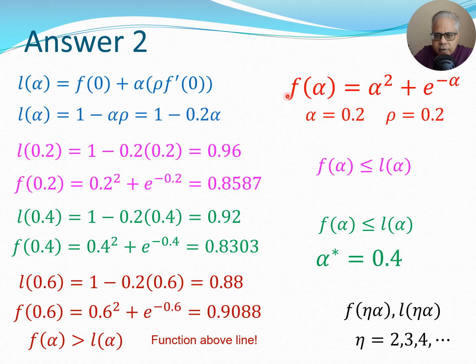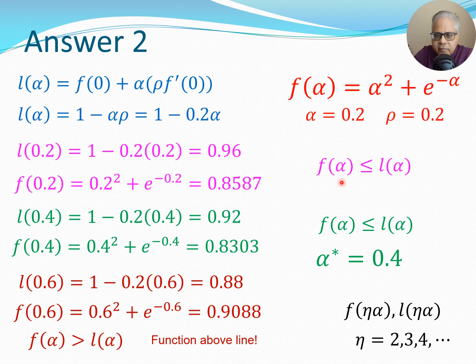So what we do here is take the value of the line. Again, remember the line was in this form. So I can write the line as 1 minus 0.2 into alpha. And then I take alpha 0.2 and find the line and the function value for this point. So here I get 0.96 and 0.85.